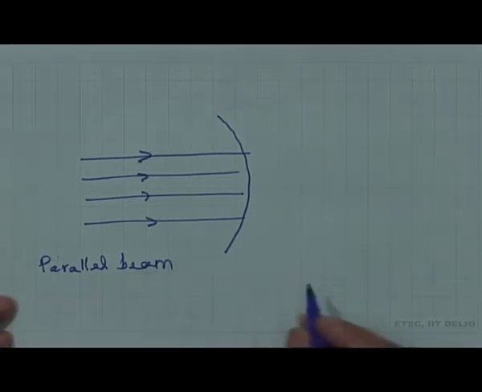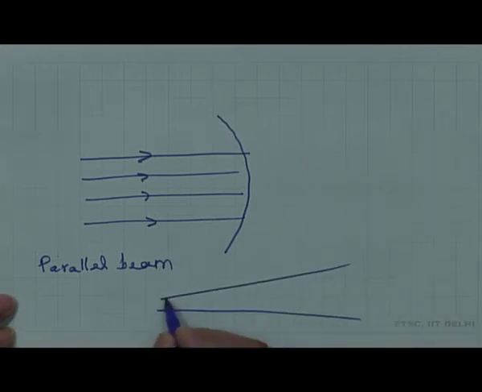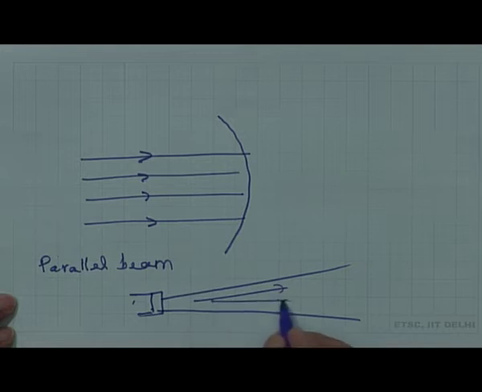In the last lecture we had seen that from the torch light you get a diverging beam. So, here is our torch light, then you have a diverging beam coming out, and we said that a beam can be represented by a bunch of rays.